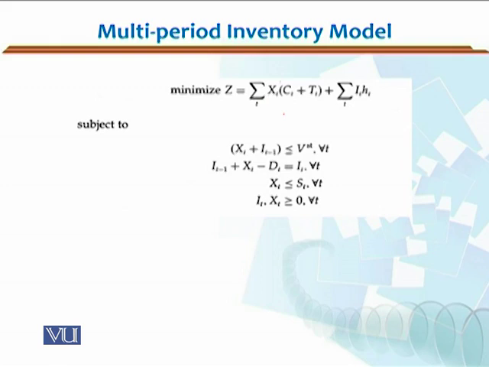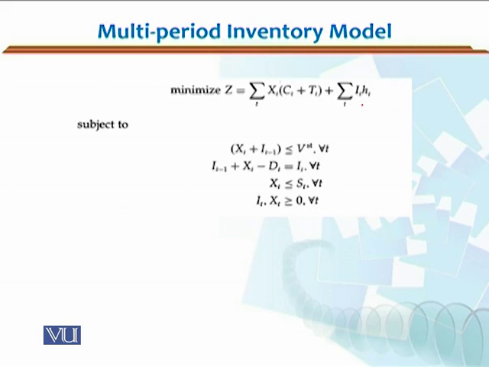Let's say I have some quantity X for period 5. I will multiply it with C_5 plus the transportation cost in that period T_5, plus the sum of ending inventories I_T multiplied by the holding cost H_T in some time period T. I_T, remember, was the ending inventory in any time period.